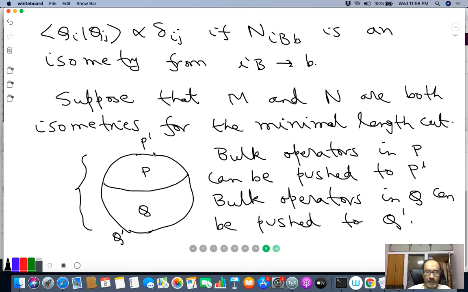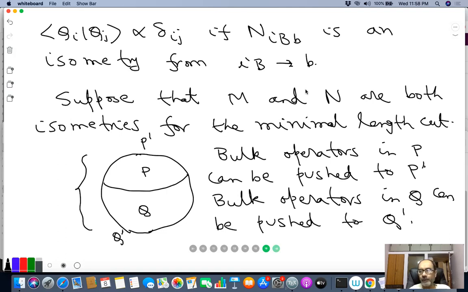provided, of course, that M and N happen to be isometries. If M and N happen to be isometries, then the RT formula holds, and this map from the causal wedge to the boundary, that formula also holds automatically.